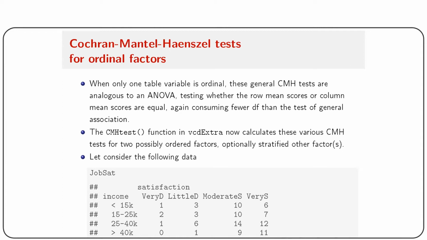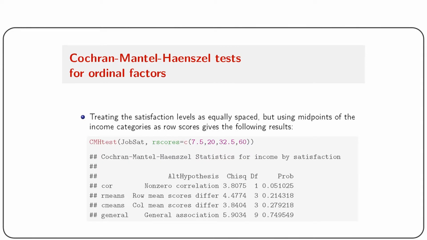The CMHtest function in vcdExtra now calculates these various CMH tests for two possibly ordered factors, optionally stratified by other factors. Let's consider the following data, the JobSat data on income and satisfaction, treating the satisfaction levels as equally spaced, but with the midpoints of the income categories as the row scores, giving the following results.